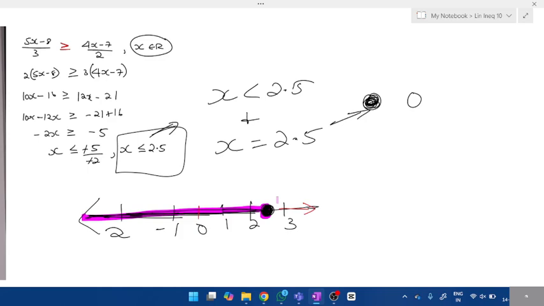Up to minus 2 it's enough, minus 2 or minus 3. Just for reference, you will draw the negative side. Okay, next.